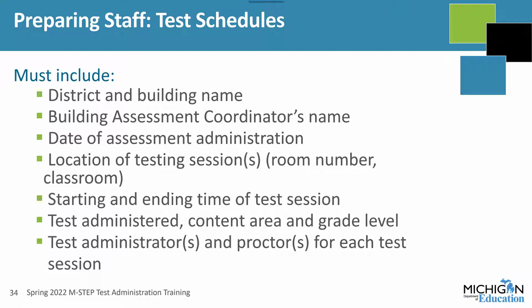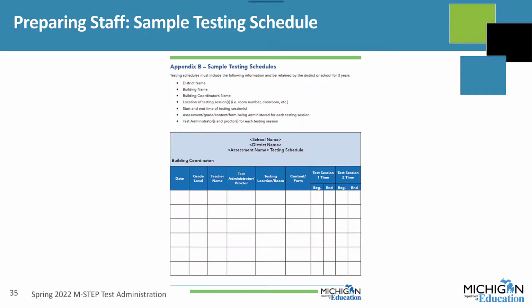Test schedules must include the district and building name, the building assessment coordinator's name, the date of the assessment administration, the location of the testing session, starting and ending time of the test session, the test that was administered, and the names of the test administrators and proctors for the test session. The Assessment Integrity Guide provides a sample testing schedule in Appendix B. The sample includes the required components of the testing schedule.